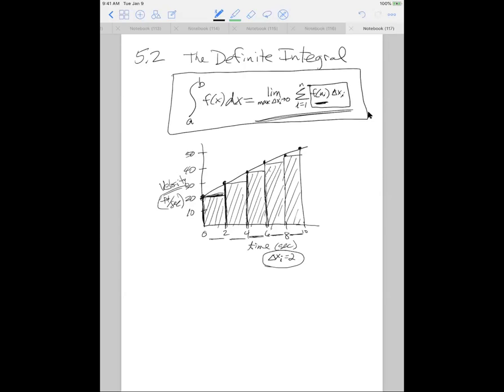The situation here is you're going to add all these together. In our case, there were 5 rectangles, so n was 5. But as the delta x gets smaller, n goes up. If our delta x went down to 1, then n would be 10.